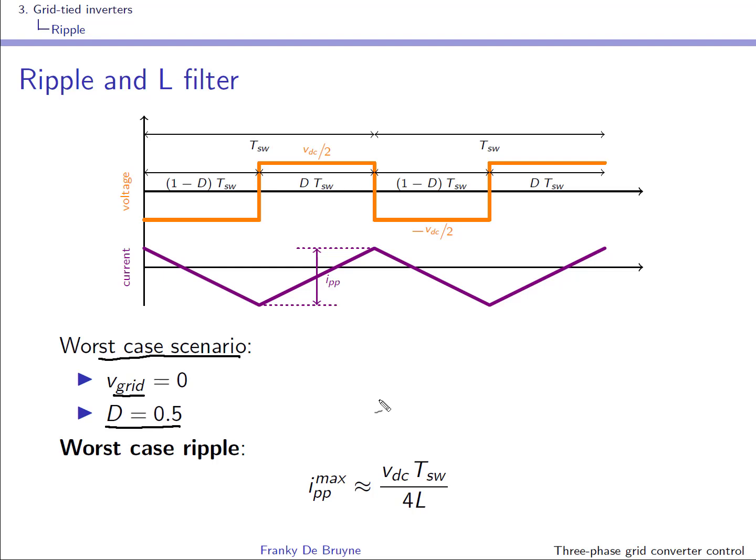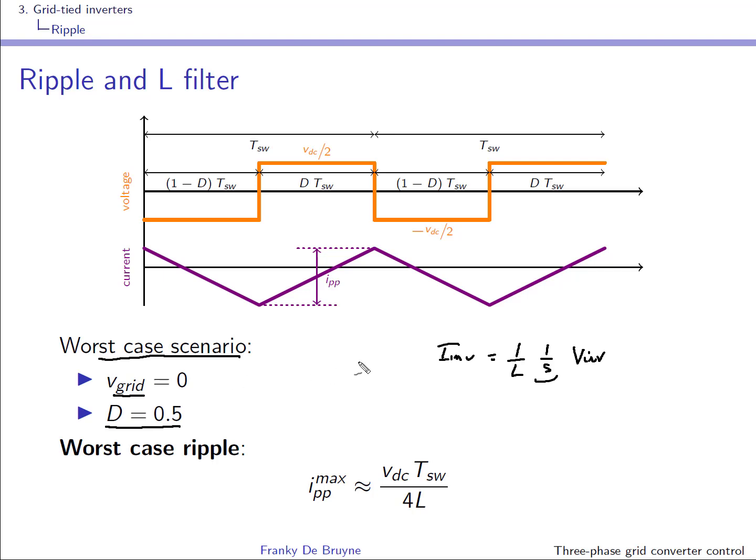And you can now find this worst case ripple by remembering that the inverter current is 1 over L times 1 over S, so that's the integrating effect, and then V inverter.